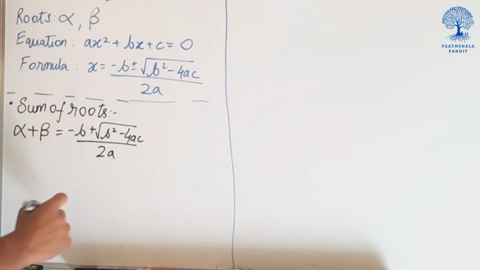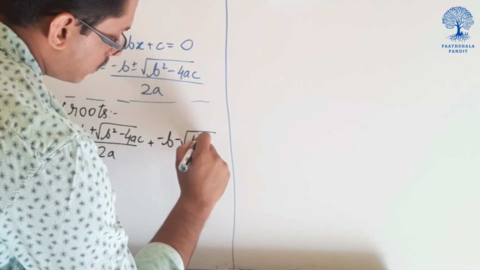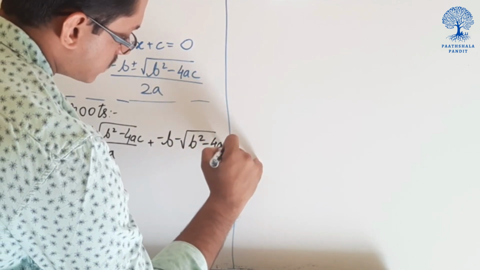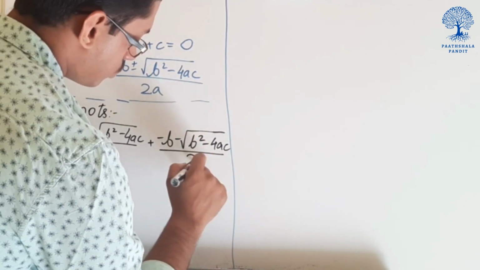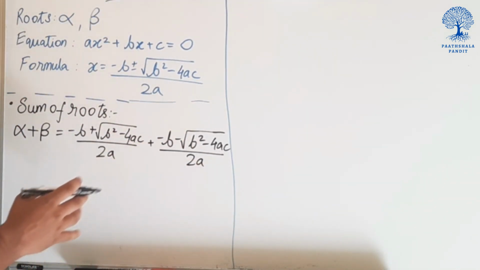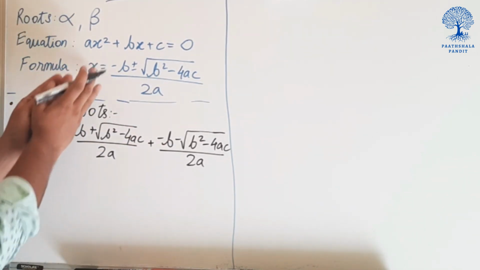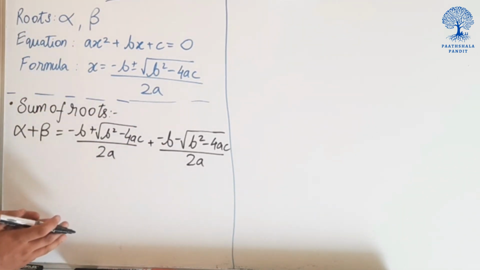Suppose this is alpha, then beta will be minus b minus root of b square minus 4ac by 2a. Done. These two formulas we got for alpha plus beta. Okay, from here only we took this.